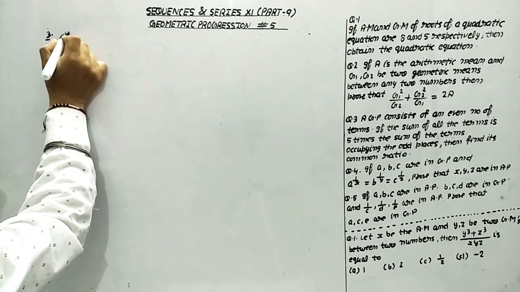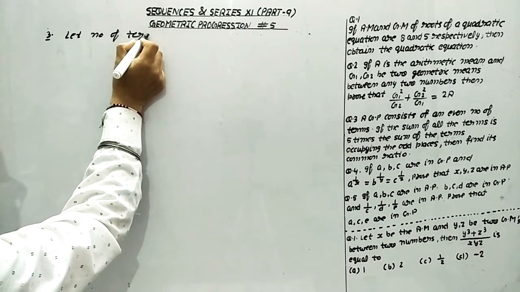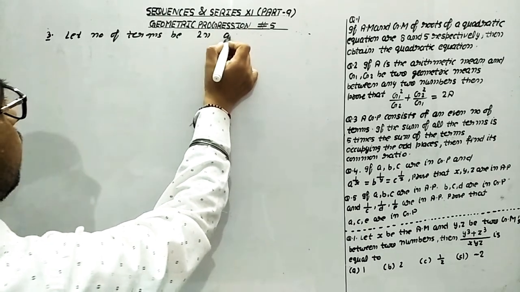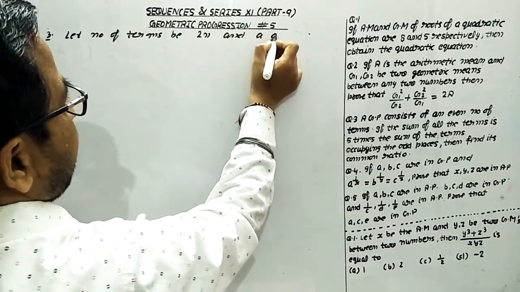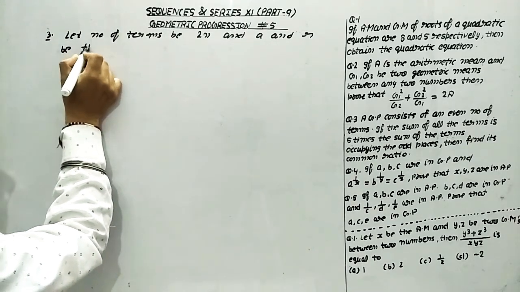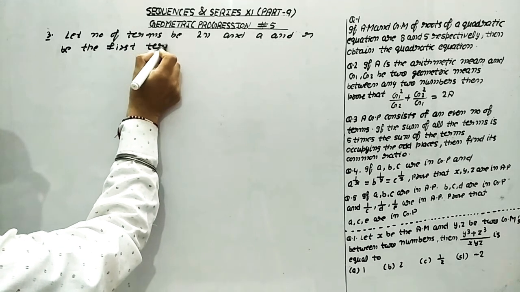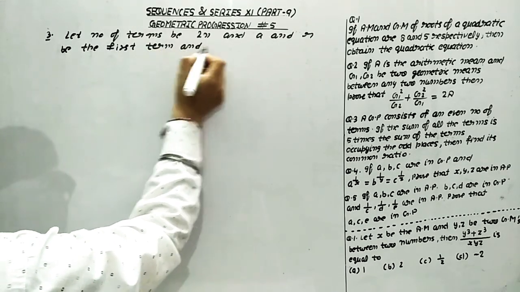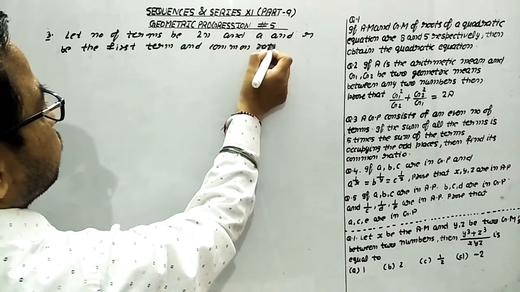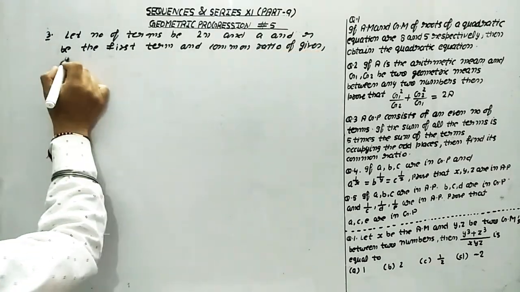So first of all, let the number of terms be 2n, and let A and R be the first term and common ratio of the given GP. In this way we have to write down this sentence.